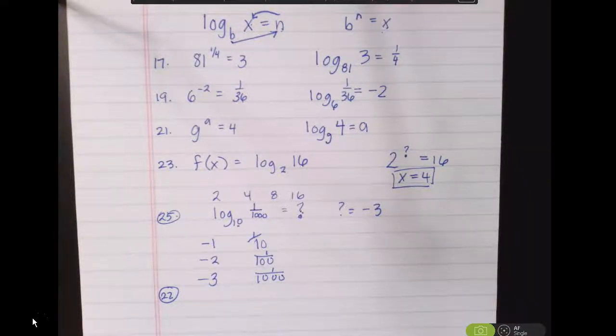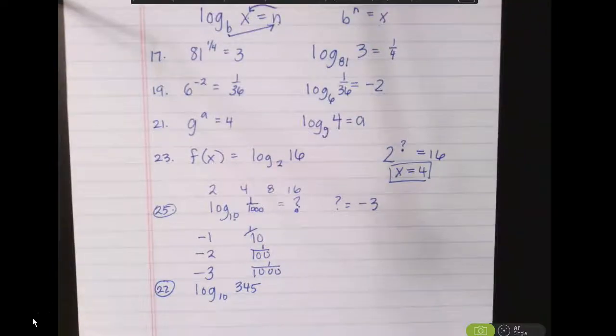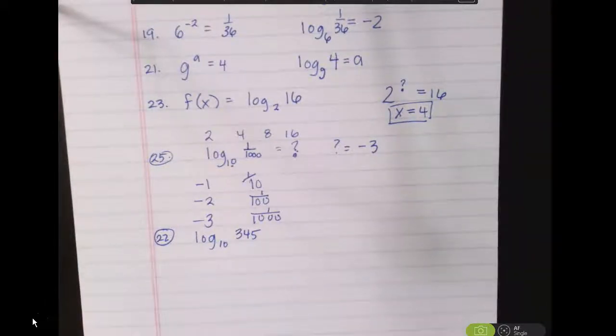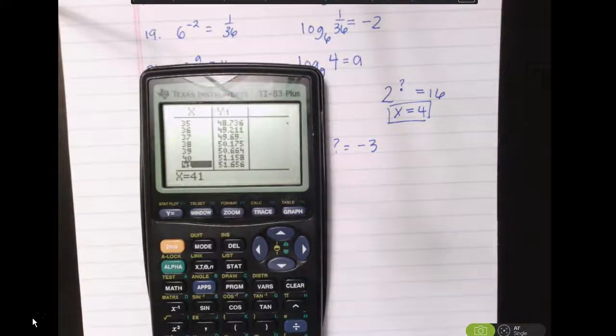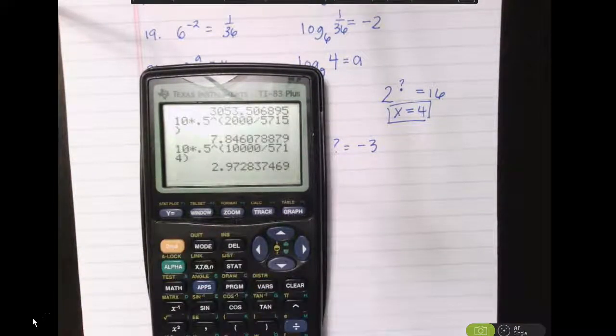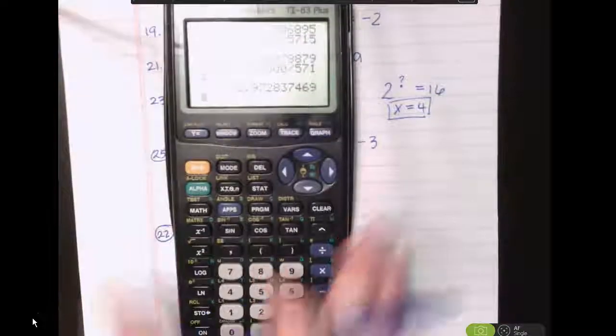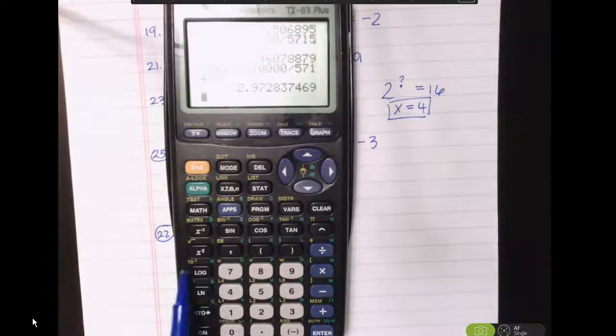In number 27, we have to use a calculator. And that's because we're doing log base 10 of 345. Obviously 345 is not an even power of 10. It's in between. So part of what this is trying to get you to understand is that in your calculator, if you look at the log button, the log button has the inverse right above it, 10 to the x.